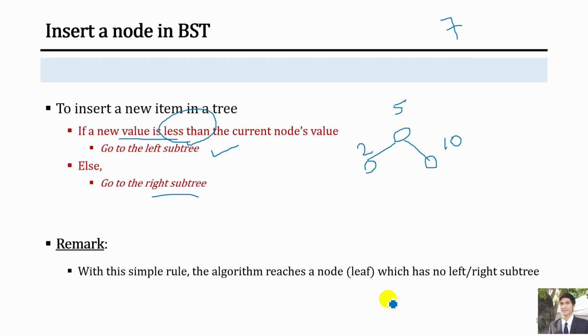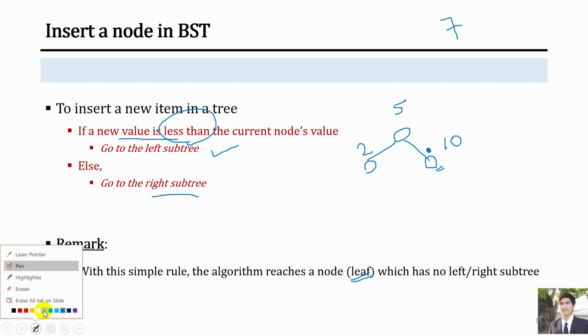We try to reach a leaf. Here, 7 is greater than 5, so we go right. Next we compare 7 and 10. 7 is less than 10, so it means that 7 should be inserted to the left of this node 10. So our new data will be inserted on the left side here.